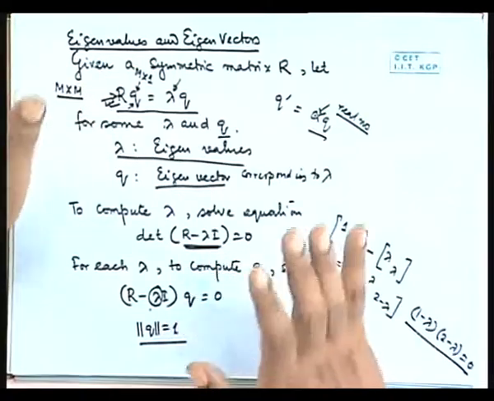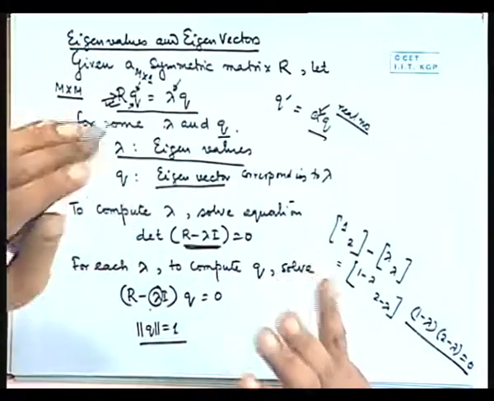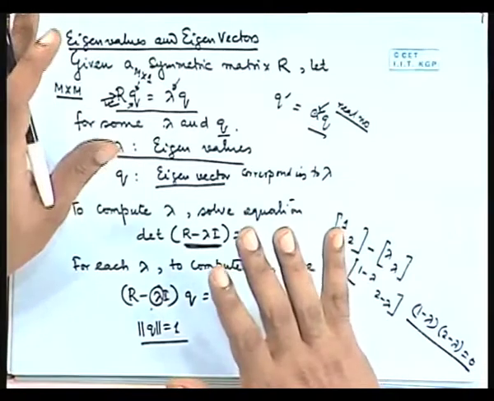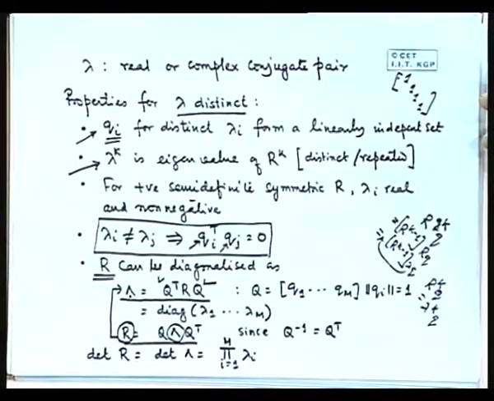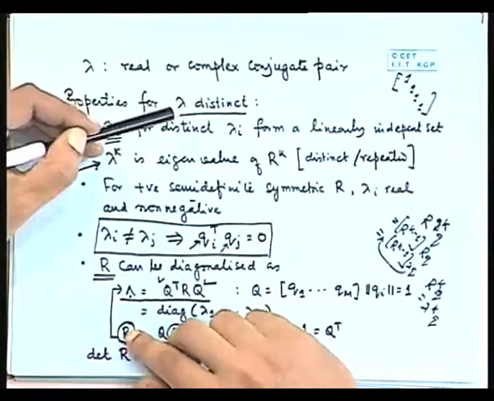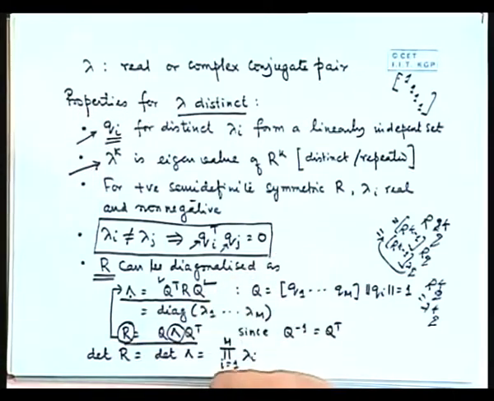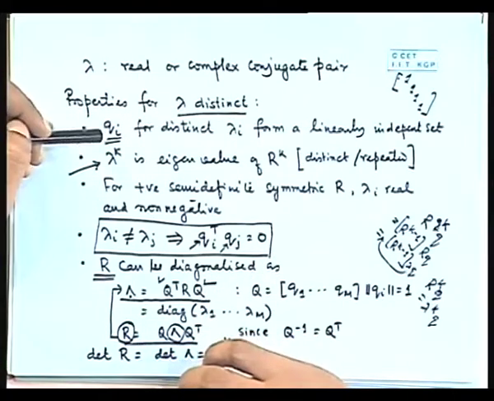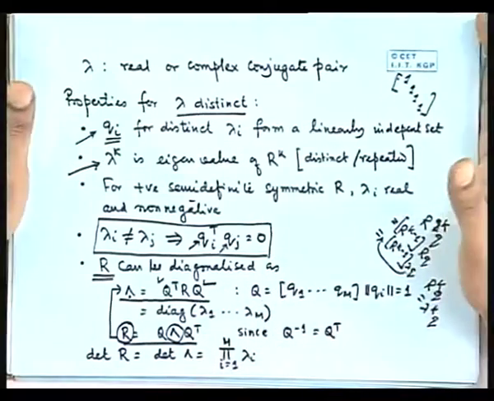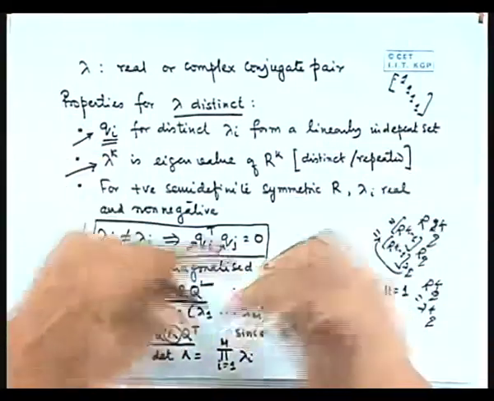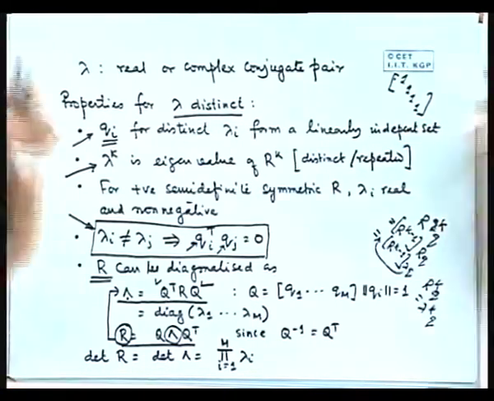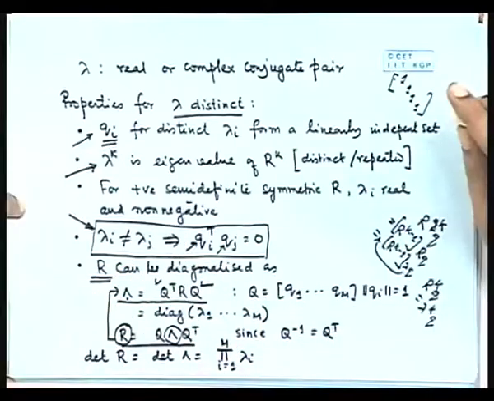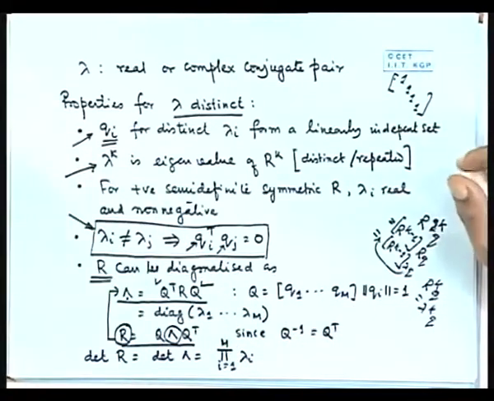We need to understand eigenvalues and eigenvectors and some of their properties, because they are widely used in our theory, and these properties are very interesting. These properties say that for distinct eigenvalues, which generally occur, these eigenvalues and eigenvectors have very desirable properties. One key property is that all the eigenvectors are orthogonal to each other, they are perpendicular to each other.